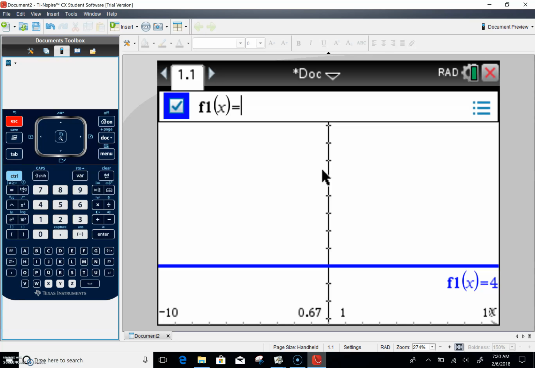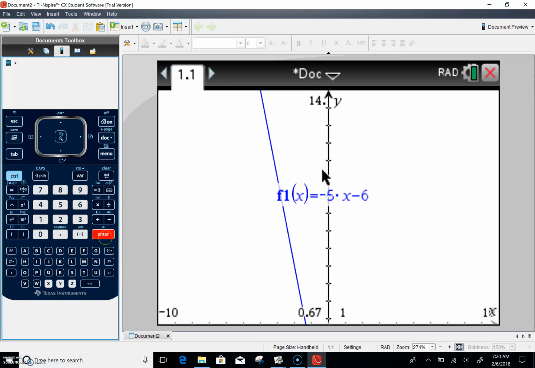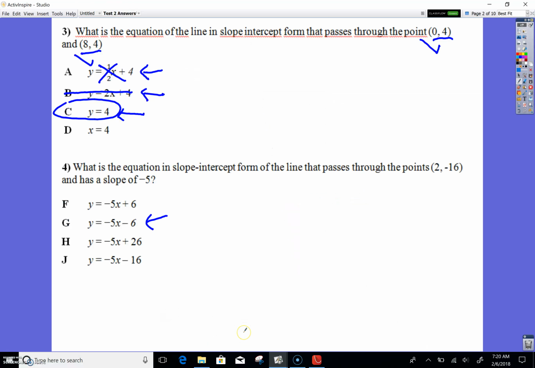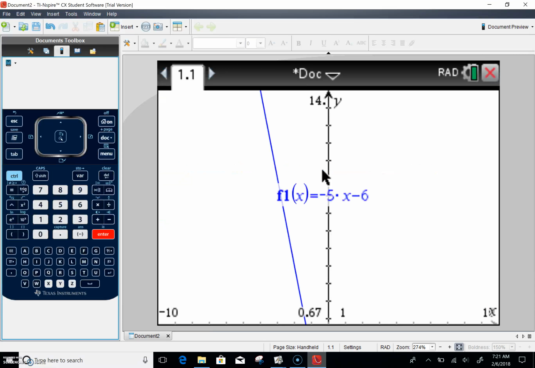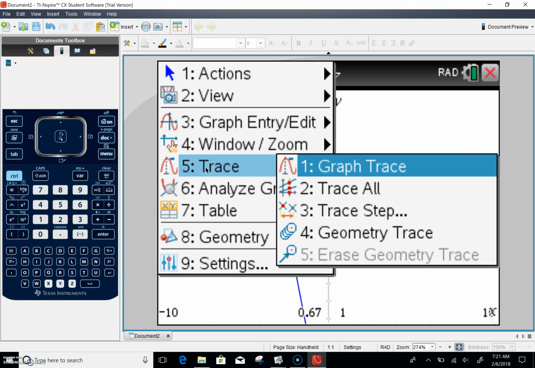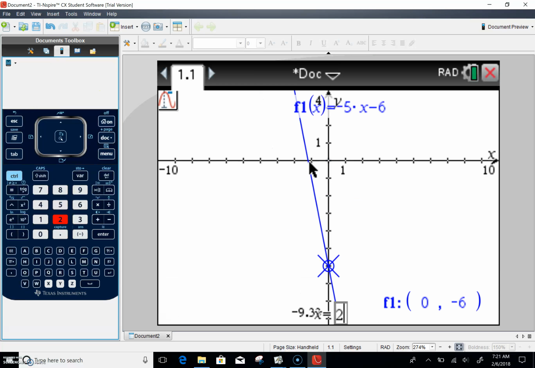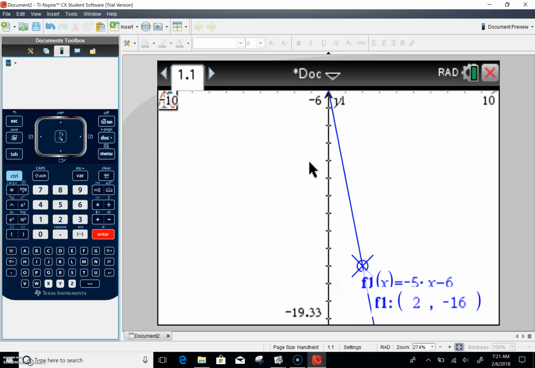First thing I need to do is check my point, to see if 2, negative 16 is there. So I push 2, enter. Oops, sorry. I need to put menu, trace, graph trace. 2, enter. See, 2 is negative 16, which is good.